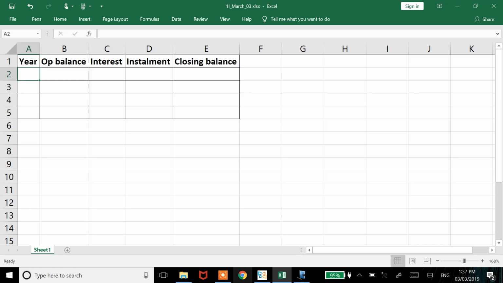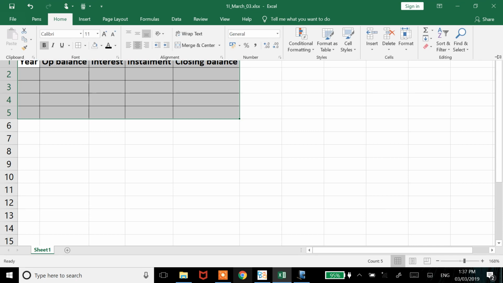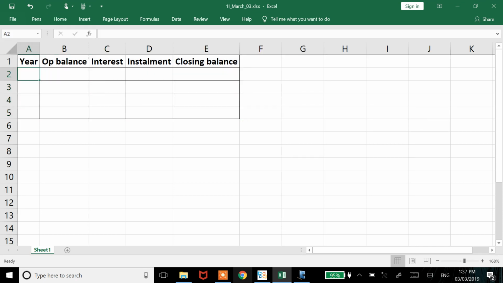Year, opening balance, interest, installment and closing balance. It will start from year 1. 10 lakh is the opening balance.